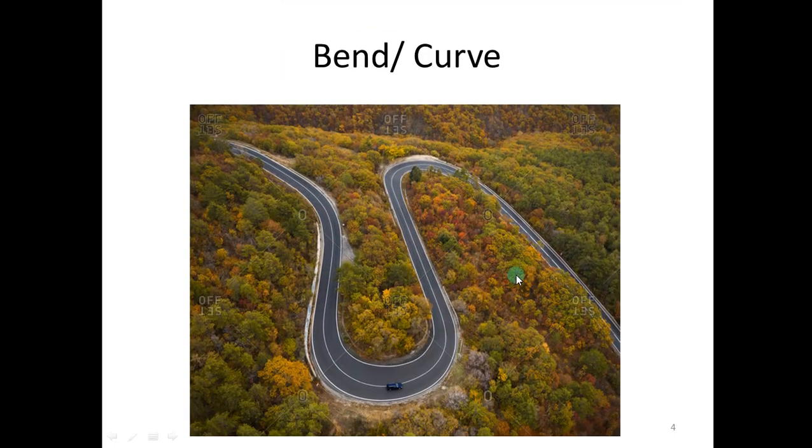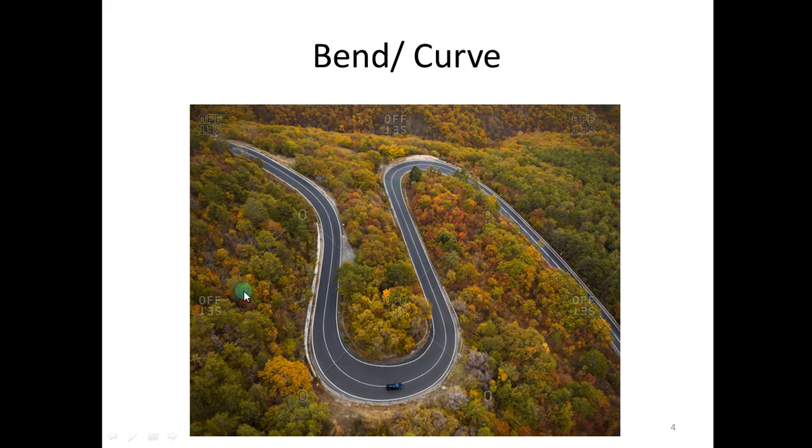Here is another curved road, a top view of a curve, and this is also a very sharp curve. You can see this type of curved road in the hills. When we travel up to the countryside hills, you can see a lot of bends there.